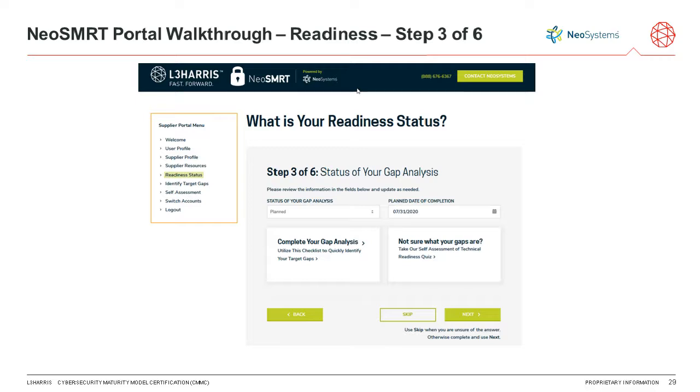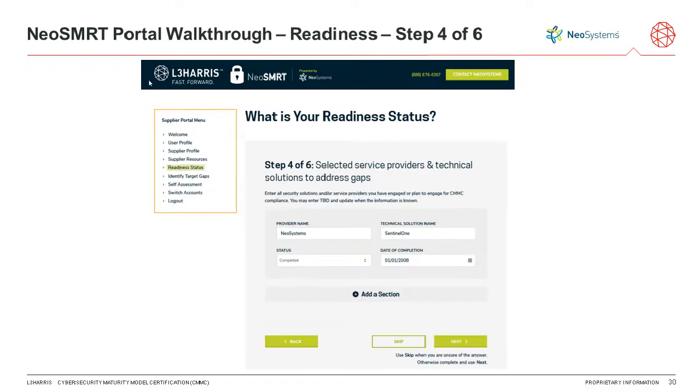So anywhere up to 176 if you're going through all the levels. And then here's just a screenshot of what those service providers and technical solutions that you might be recording look like. You can see that you can add a section. So if you've got a multitude of providers and technical solutions, you can add them accordingly.